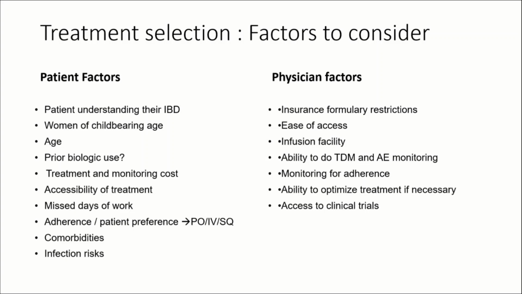Have they used biologics? What's the treatment cost? Can my institution provide that treatment or not? How is the treatment going to affect patients' work? What is the patient's preference as far as mode of administration is concerned? There's no point giving a drug which the patient is not going to take.